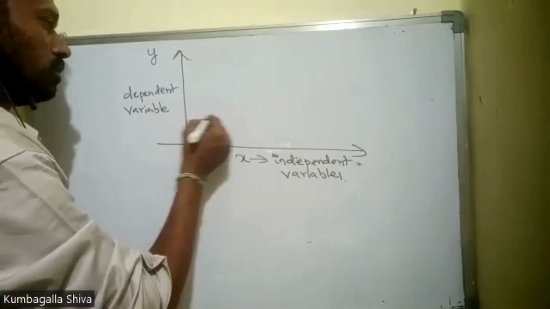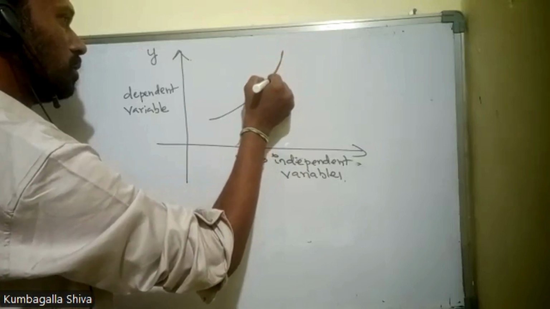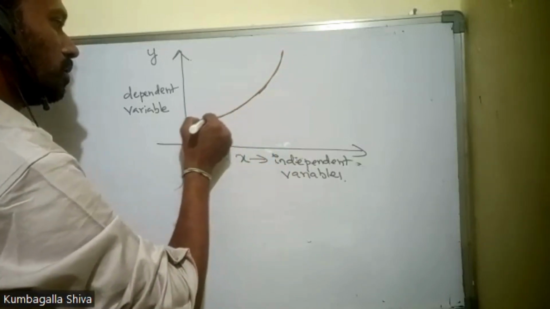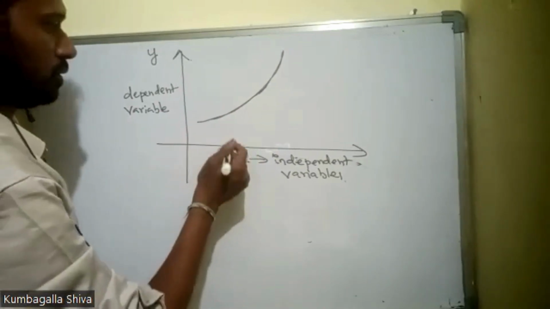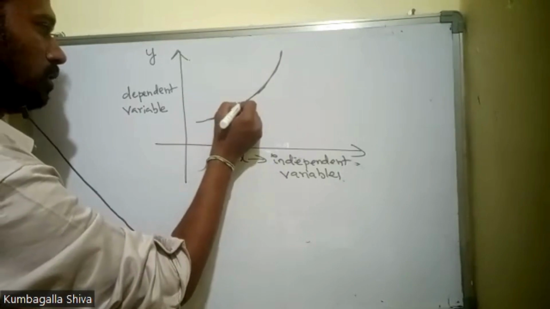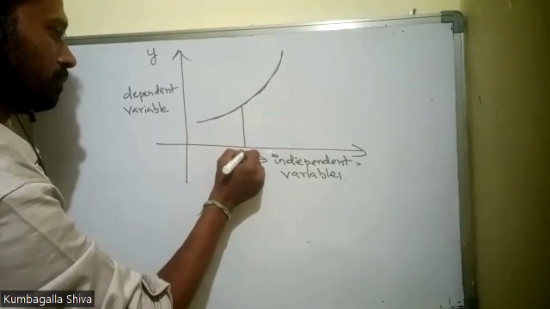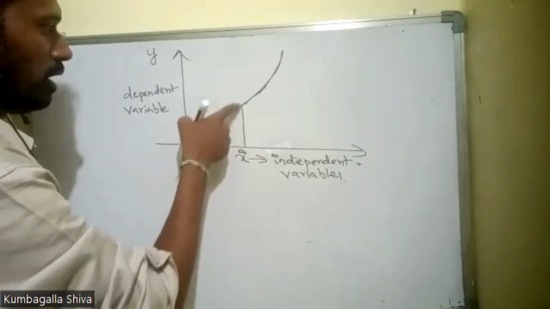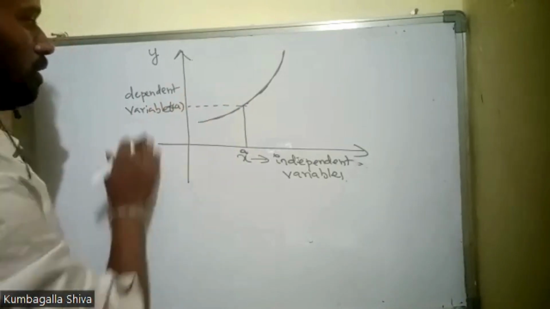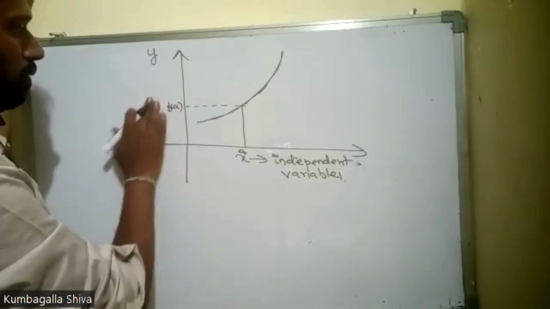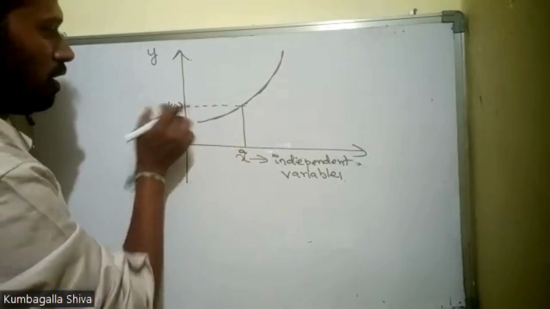Let us assume that there is a graph like this. For this graph, let us assume there is one point, A. For x equal to A, you get the f of A value.